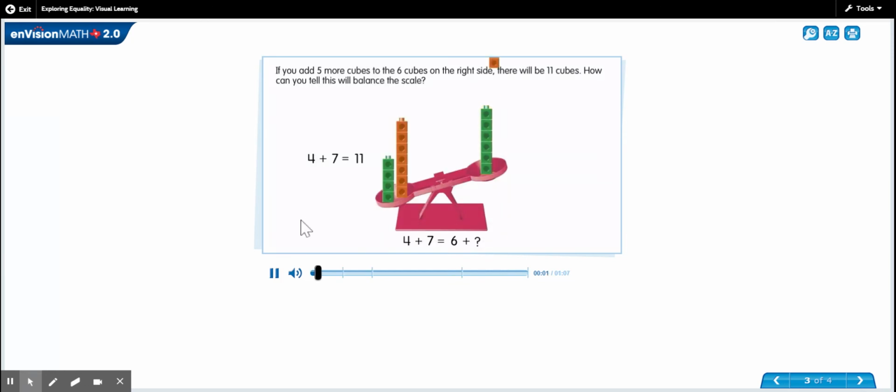If you add 5 more cubes to the 6 cubes on the right side, there will be 11 cubes.